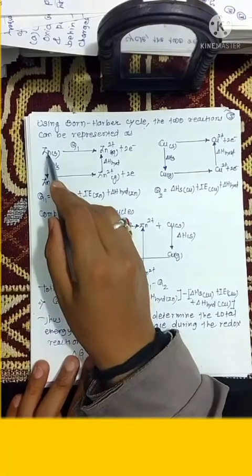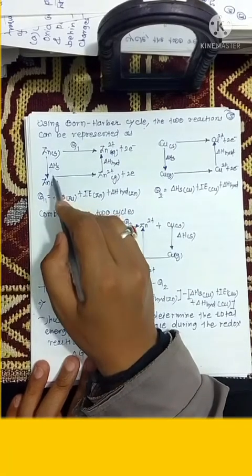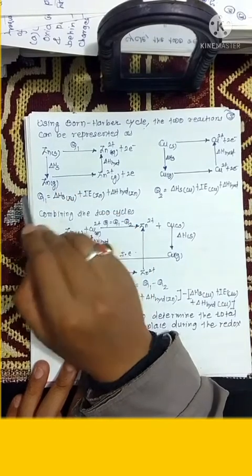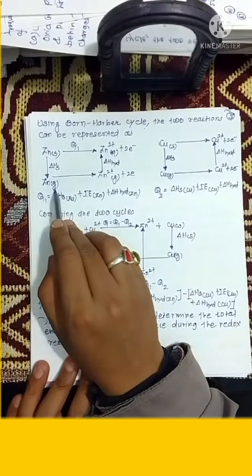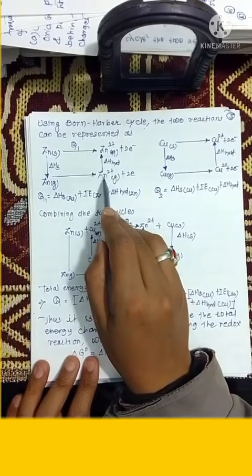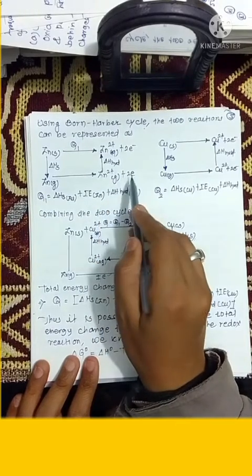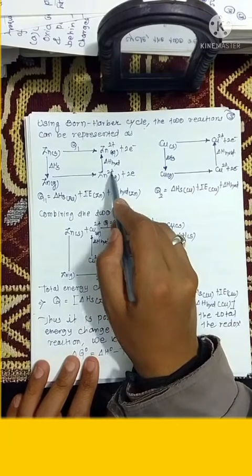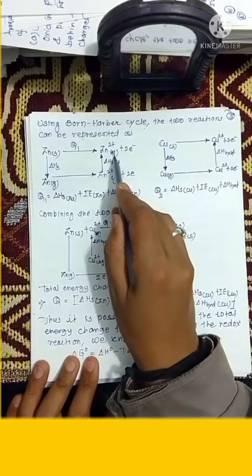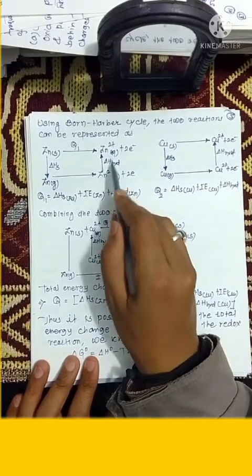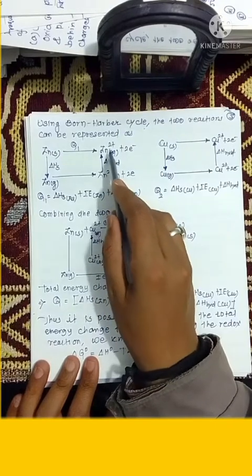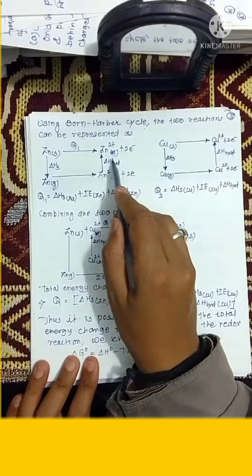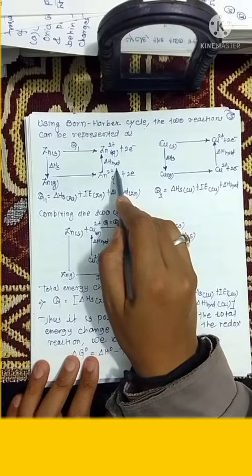So the change of enthalpy for this is written as delta Hs. From zinc gas, it gets converted into zinc 2+ gas by losing 2 electrons. Then this zinc 2+ gas goes into aqueous state. The enthalpy change with respect to this is denoted by delta H of hydration.